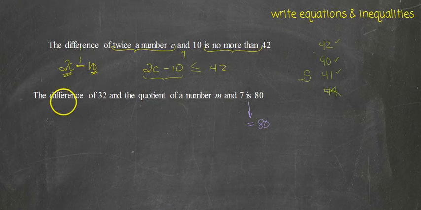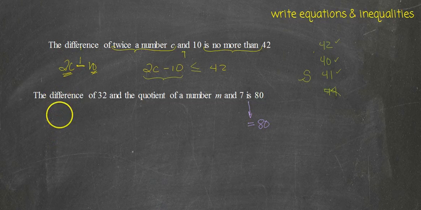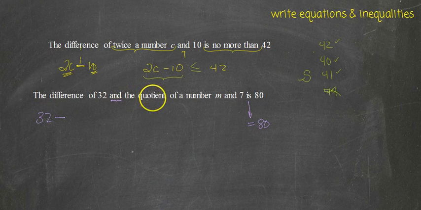Now, I have a difference and I have a quotient, but we want to start from left to right. The difference, done, this and that. Of 32 and, there's my word, 32, and the quotient. That tells me that I'm going to have some other this and that going on, where the quotient has to do with division of a number m, and there's my and, right?